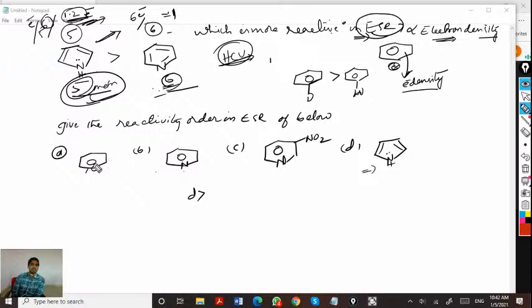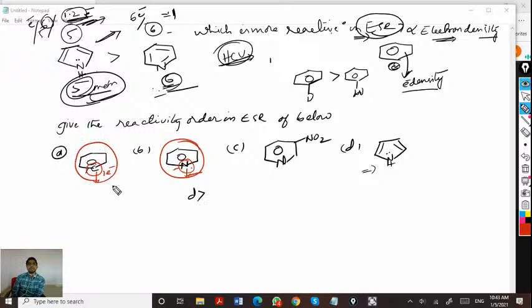Everything else is the same. Between carbon and nitrogen, which is more electronegative? Of course nitrogen. If carbon gives 1 electron, nitrogen will not give 1 electron because it is more electronegative, so less than 1.